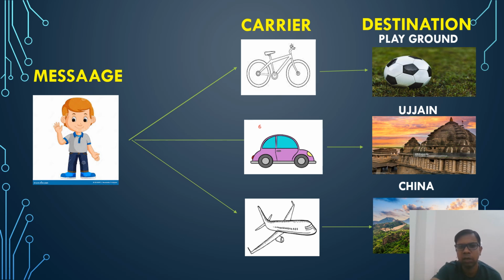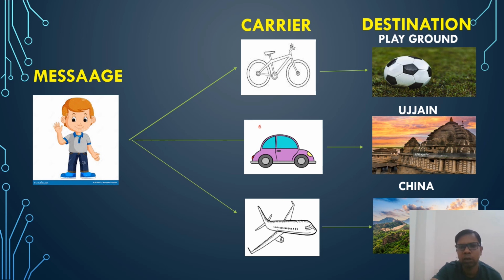With this simple example, with these simple images, I am trying to clear the concept of the modulation, where someone is the message and the vehicle like bicycle, car or airplane is supposed to be a carrier, and the destination is just like a playground, Ujjain or somewhere in China.